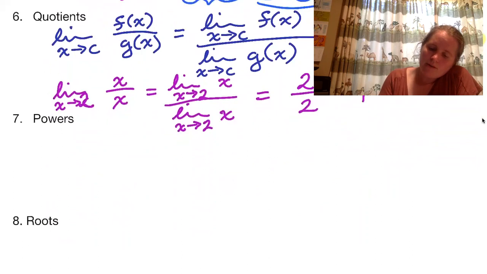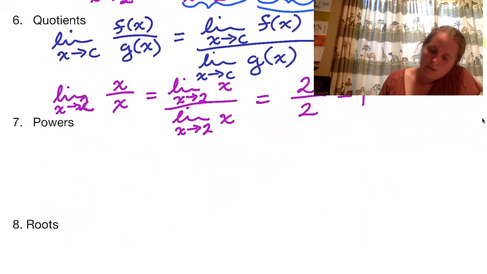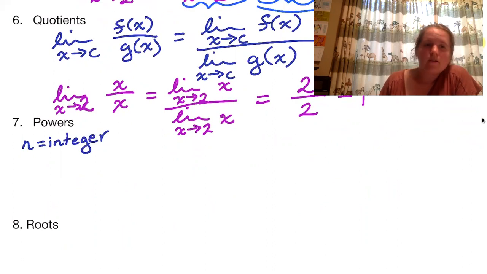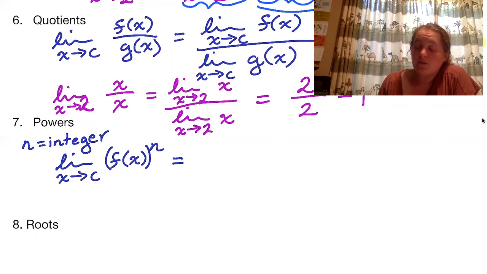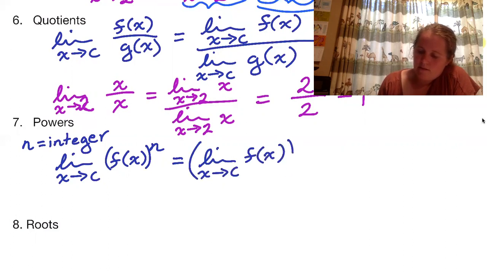Next up, we have powers. So for this, we are taking n as an integer. Then the limit as x goes to c of f of x, take that whole function raised to the nth, we can do the limit first, and then raise to the power.